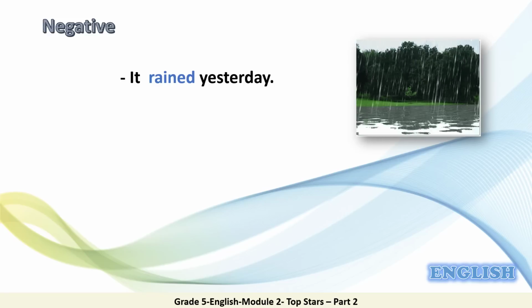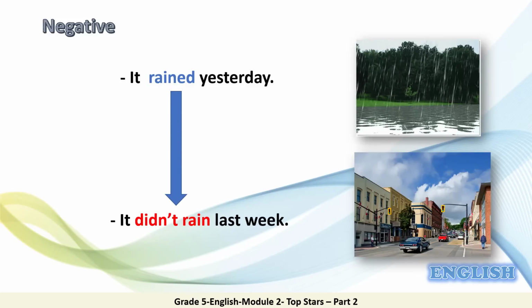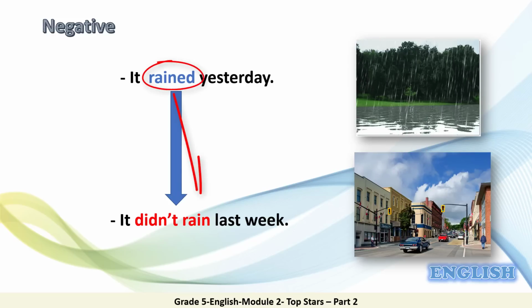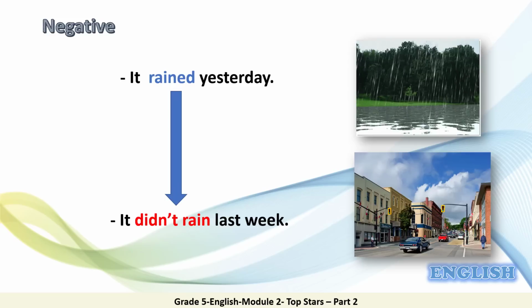The negative form here, it didn't rain last week. So we did two things here. Returned the verb to the base form, rained became rain, and we added didn't before the base verb. It didn't rain last week.